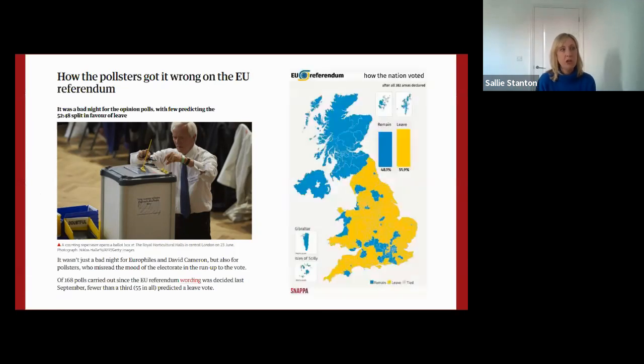If I show you how people voted in different parts of the country, and I only sampled from London when I asked my sample how they would vote in the Brexit referendum, I'm going to be fairly confident that the vote will be Remain. And I'm going to apply that to the rest of the country, only to discover that outside of London, largely people voted Leave. So that's one way that the result can be really inaccurate in predicting what would happen.